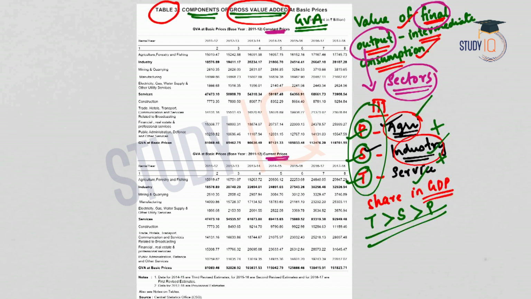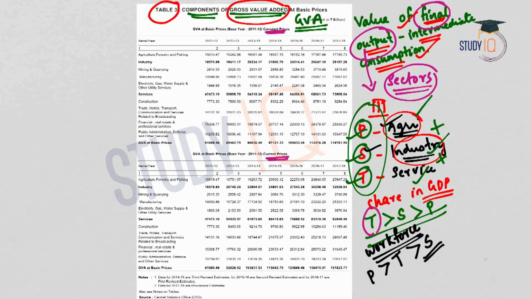Now coming to the share in workforce, that is the total number of employment generated by each sector. The first one is the primary sector. That means the agricultural related sector generates the maximum employment in the economy. The second one is the tertiary sector or the service sector, and the third one is the secondary sector or the industry related sector. Now what is the irony here?